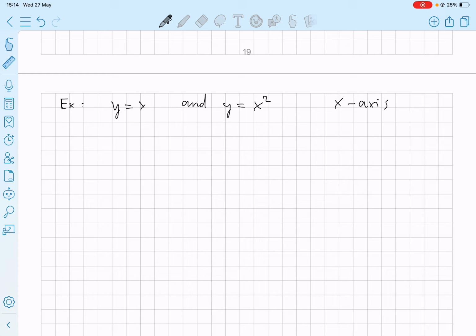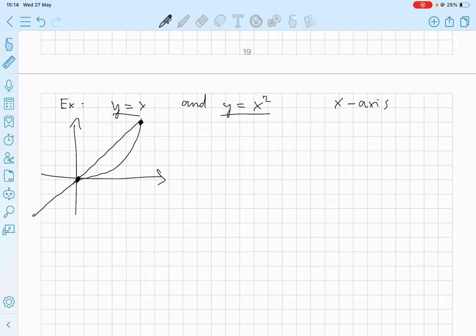Find the volume of the solid. So let's graph these two functions. The first one is a line through the origin, so it will look like this, and this is a simple parabola, and it will look like this.